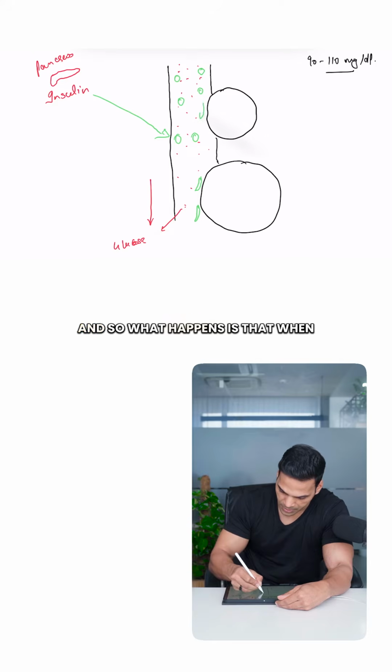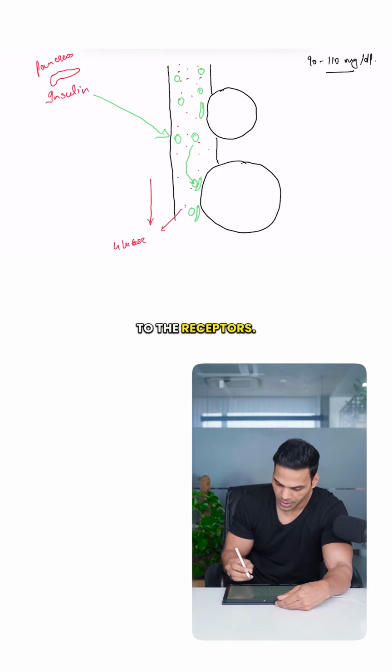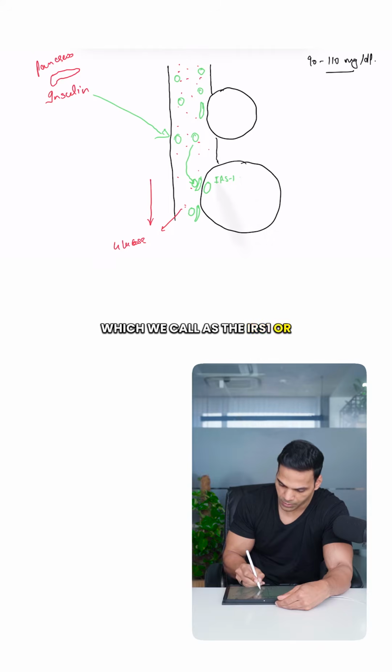And so what happens is that when the insulin binds to the receptors, okay, so assume that this insulin is bound to the receptor. As insulin is bound to the receptors, you have a key signaling molecule which we call IRS1, or the insulin receptor substrate 1, and this is a key signaling molecule.